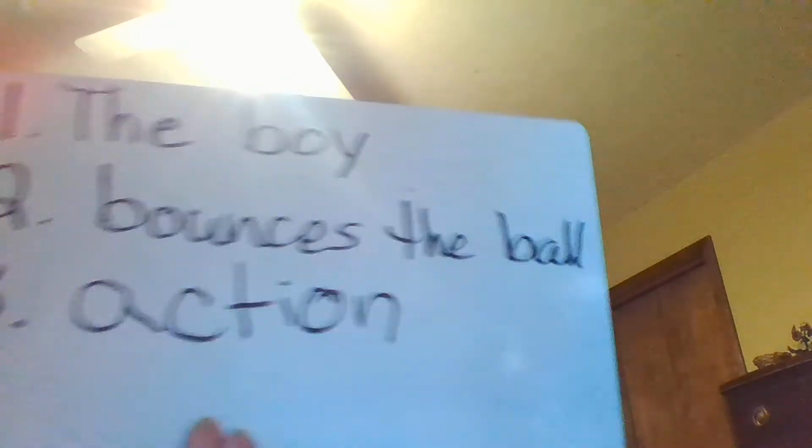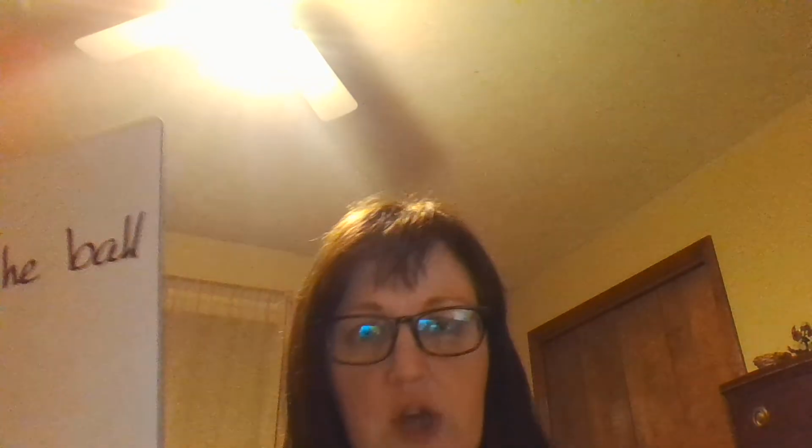Or a being verb is a word that tells about us being on earth, like is, am, was, are, were. Those are state of being verbs. Write down what you think bounces is. Did you write action? Good job, because it is an action verb.